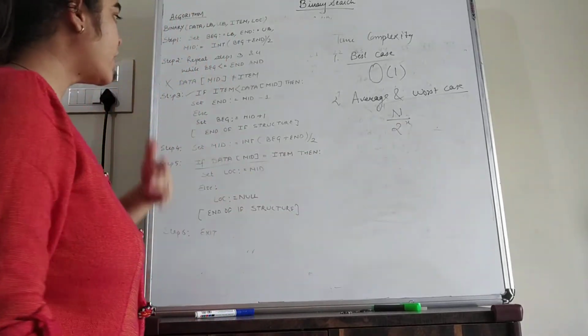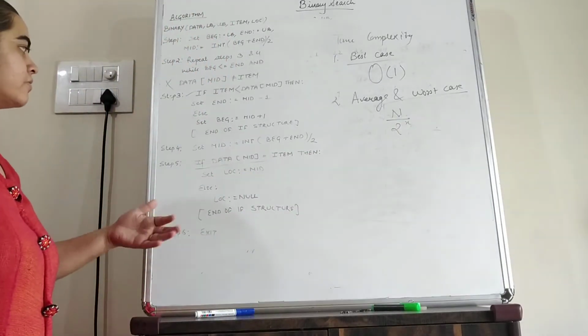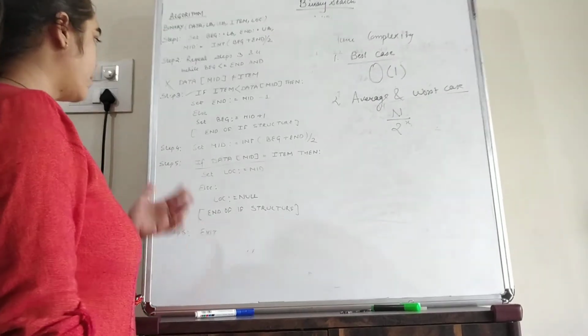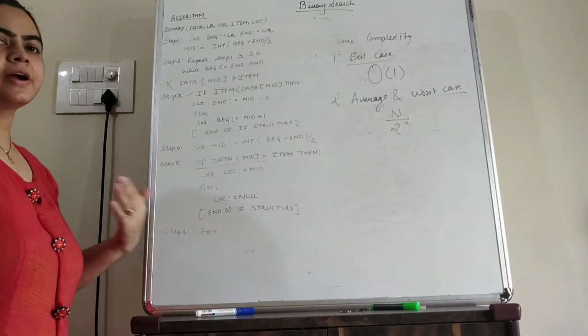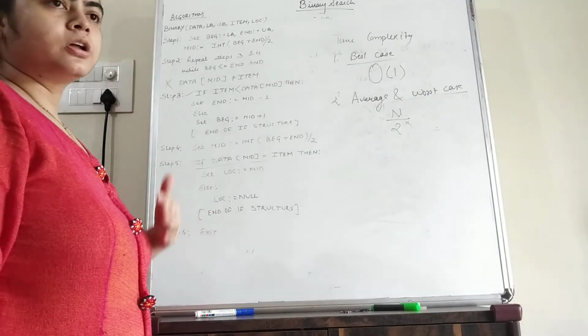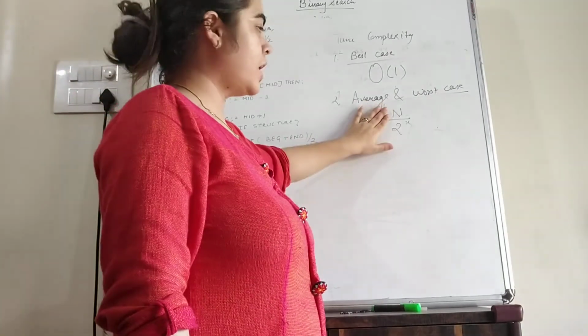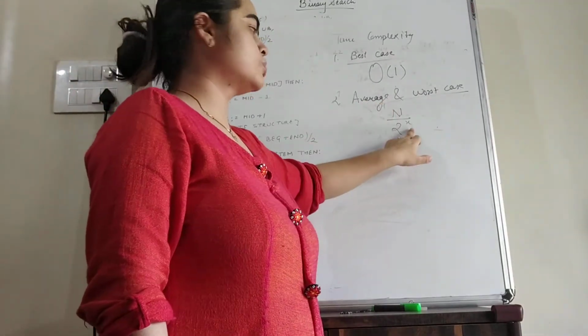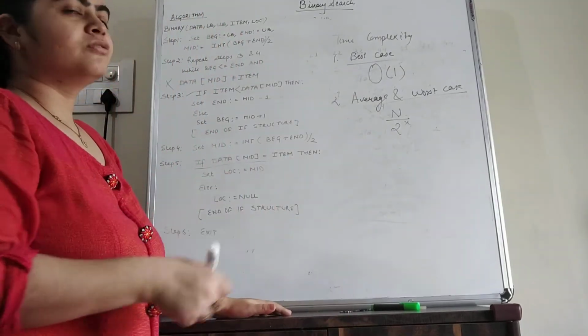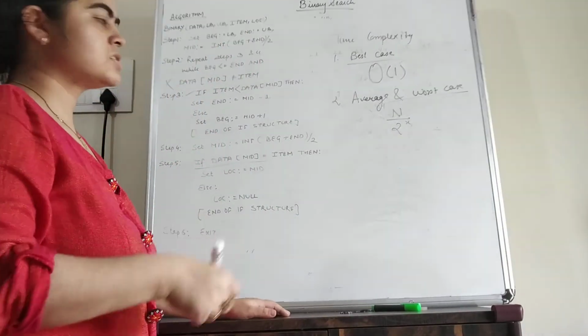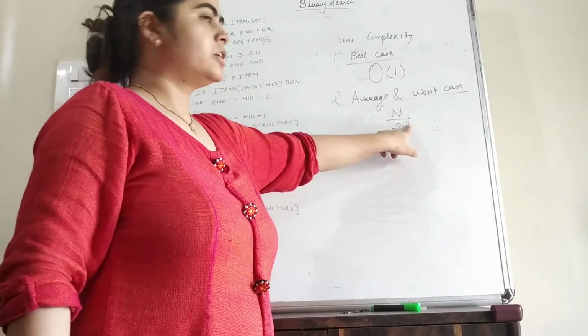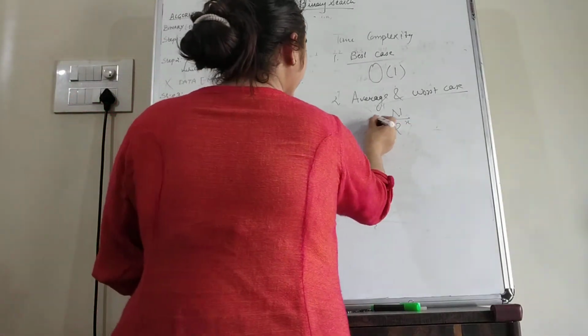Every time, again and again, we have to find the value of mid, and by finding the value of mid we can divide the sorted array into parts. So the total elements n divided by 2 raised to power x, where x means how many times we are dividing that sorted list by 2, is equivalent to 1.